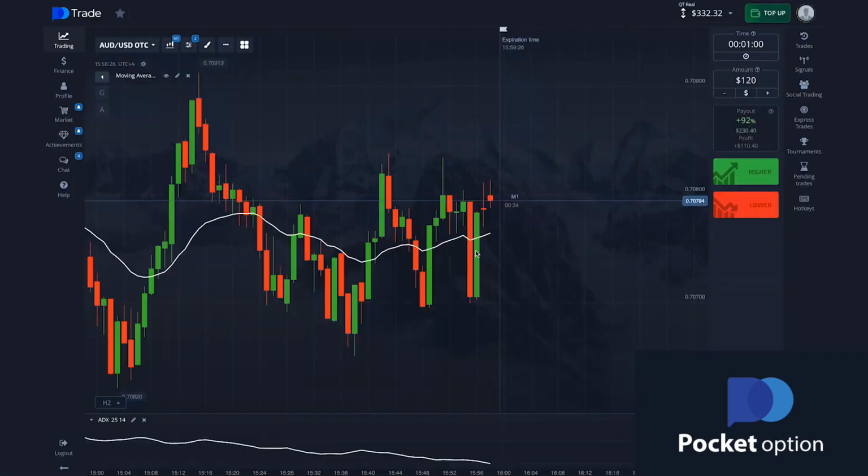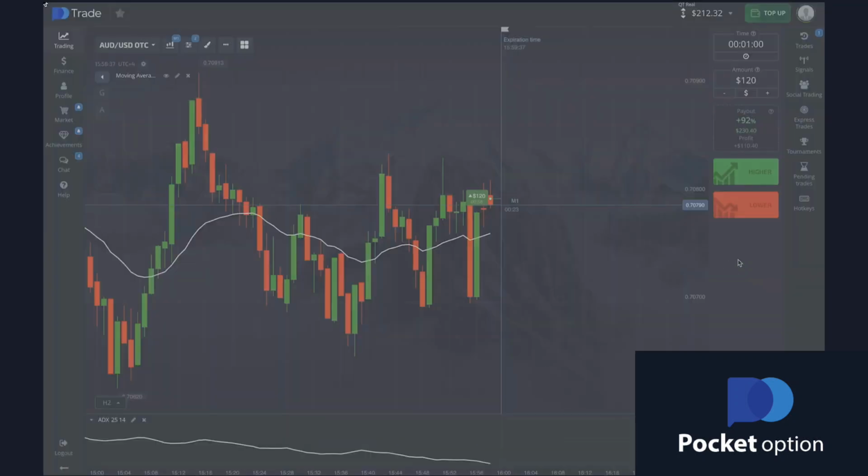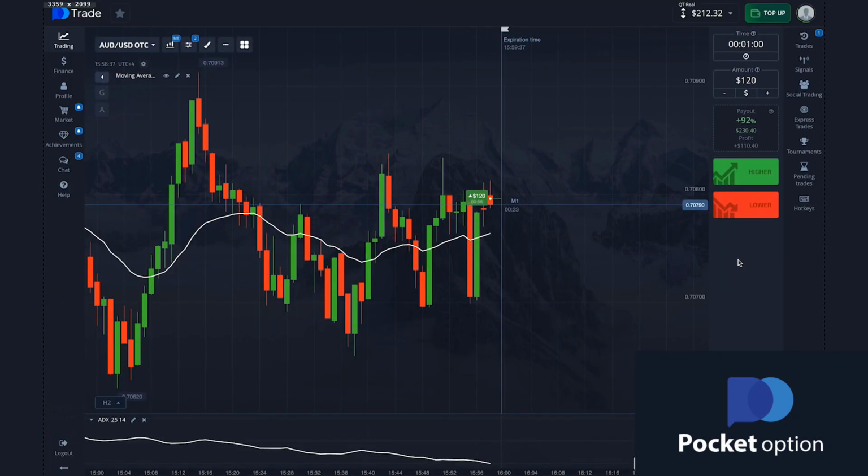Let's keep going. I see a situation and I will make a $120 long trade. There's the moving average crossover, the ADX is at the bottom, the conditions are met. However, here it is difficult to determine whether the trade is up or down.